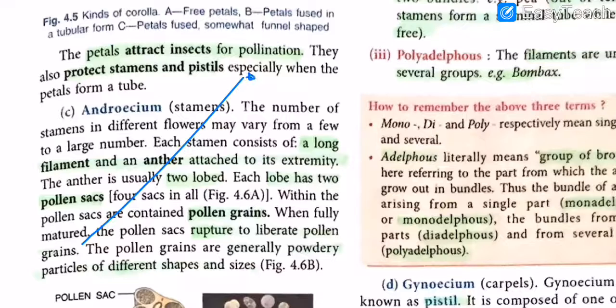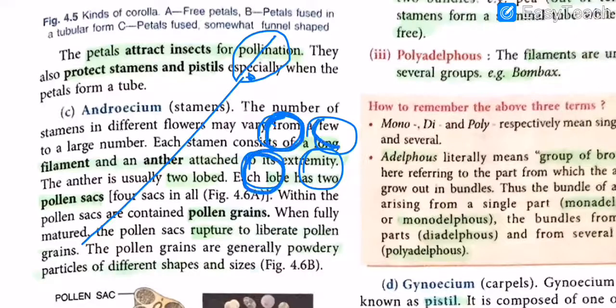And just at the tip of it, you have the anther, which looks like this. Now, the anther is two-lobed, one lobe and the other lobe. Both the lobes contain pollen sacs. Now, 4 sacs in total. Inside these you have 1, 2, 3, and 4 sacs like this, right? There are 4 sacs in total.